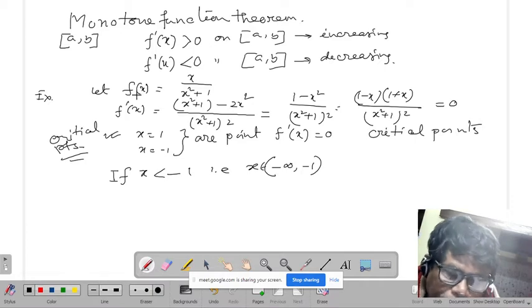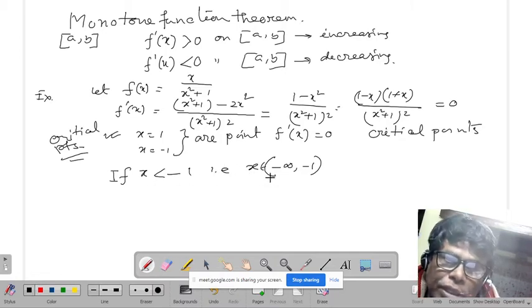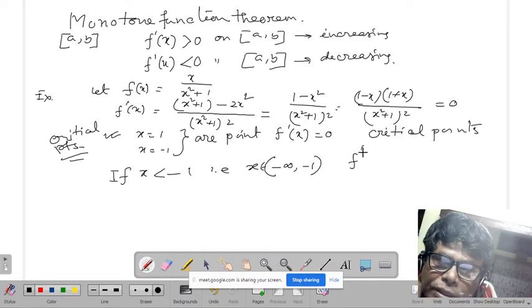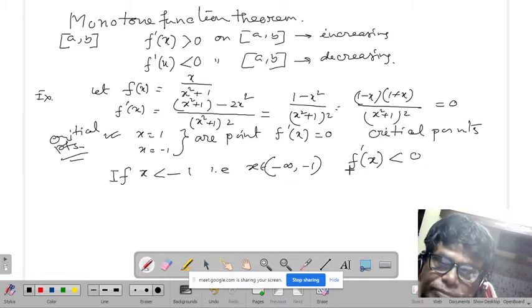That means whether it is decreasing in this interval or increasing in this interval. Here you see the value of x is always negative, so if you put it in f dash x, f dash x is negative. Check it. f dash x is negative.